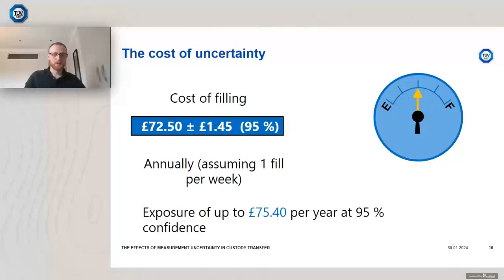If you assume 1 fill per week, so multiply your 1.45 by 52, you could be exposed. It says it's exposure of up to £75.40 at a 95% confidence level. So again, based on your uncertainty analysis, there's a 95% chance you won't be exposed, so you wouldn't lose more than £75.40 or gain £75.40, and it's likely that you're going to be within that amount of money in terms of how much you lose or gain based on the accuracy of the flow meter.